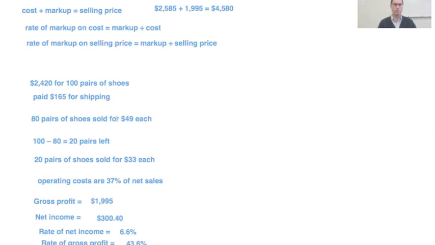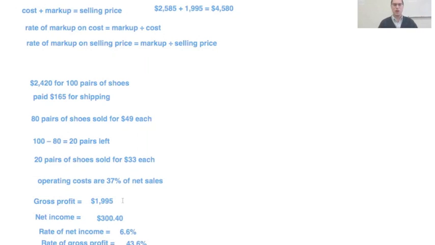The $49 pairs and the $33 pairs are all combined here. So if we want to break it down per shoe, then we would simply divide both of these numbers by the number of shoes. Conveniently, the number of shoes is 100, so that makes it easy.